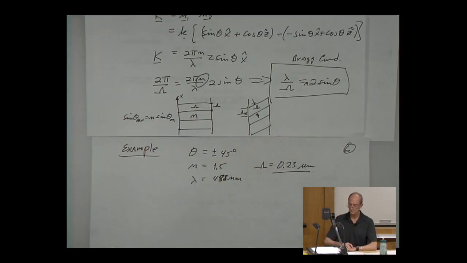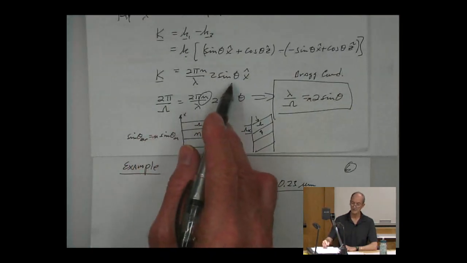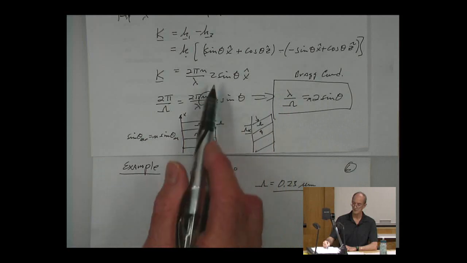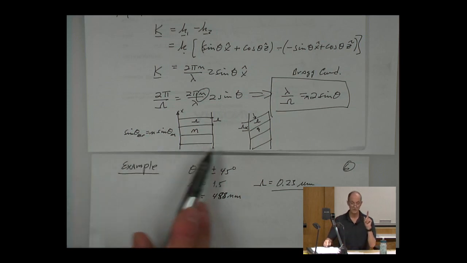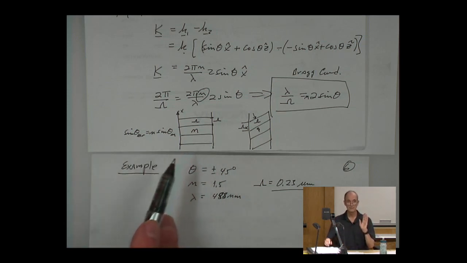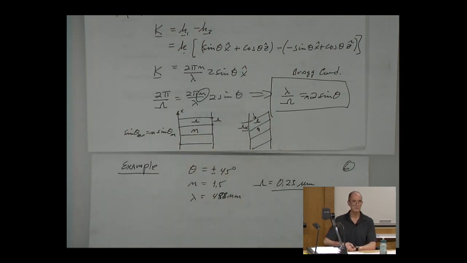So here, instead of having to multiply by n and calculate the angles inside the medium, you already have the angle outside the medium. So you can just use Snell's law for the unslanted case only to solve what the grating vector is. So that's another big point. I meant to mention that. So thanks for bringing that up.